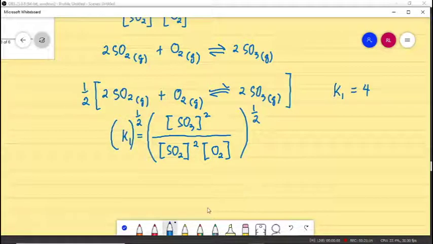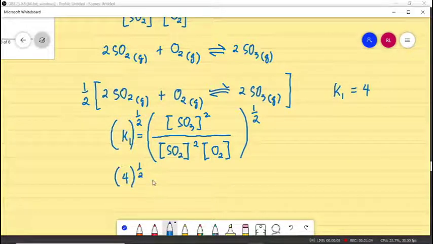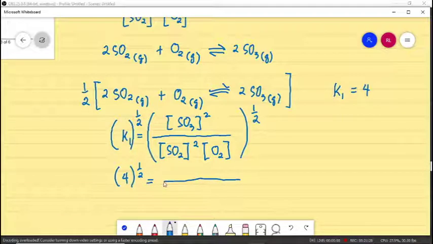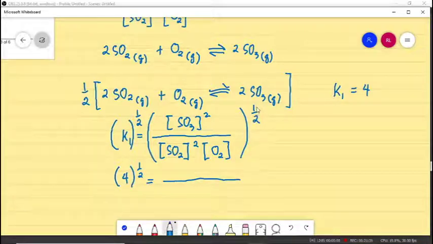So what will happen? So let's substitute. Your K sub 1 is equal to 4, okay, raised to the power of 1/2. This is equal to, now let's use the law of exponent. So multiply the exponents here. So 1/2 times 2 is 1.